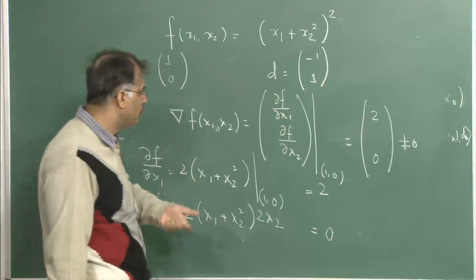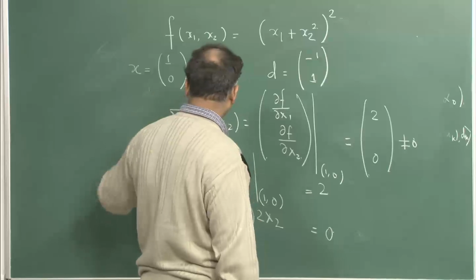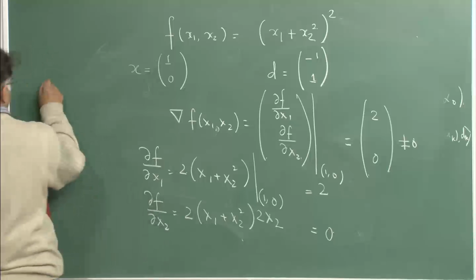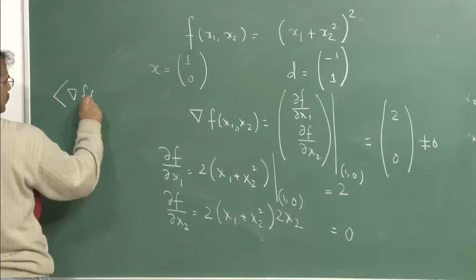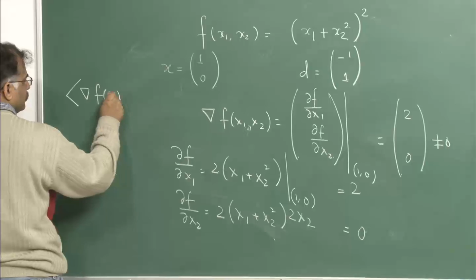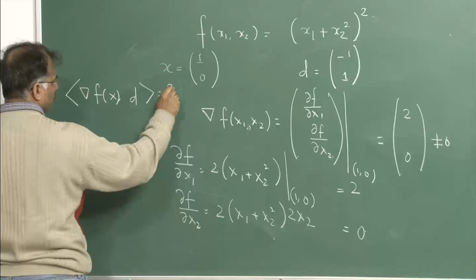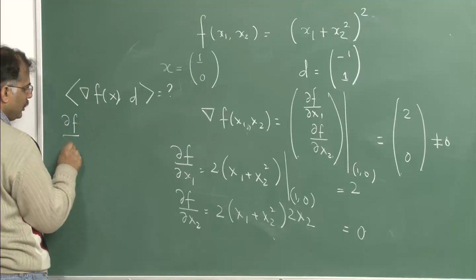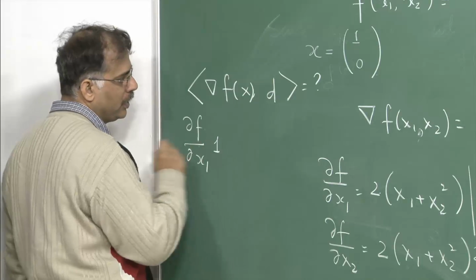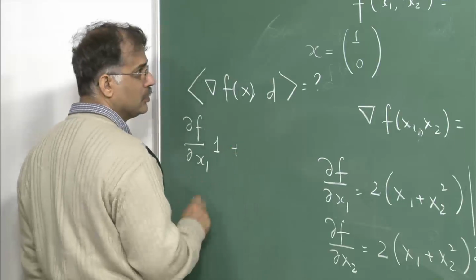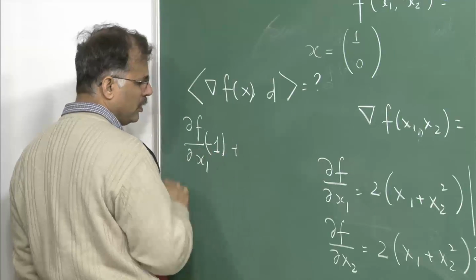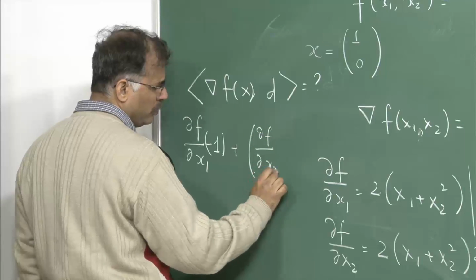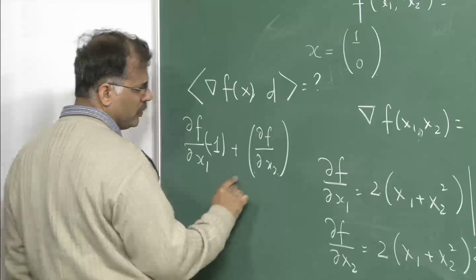So what do I do to check whether this is actually a descent direction? I have to see what the value of grad f(x) into d is, which means I take the inner product: del f by del x1 into minus 1, plus del f by del x2 into 1, both computed at the point (1, 0).